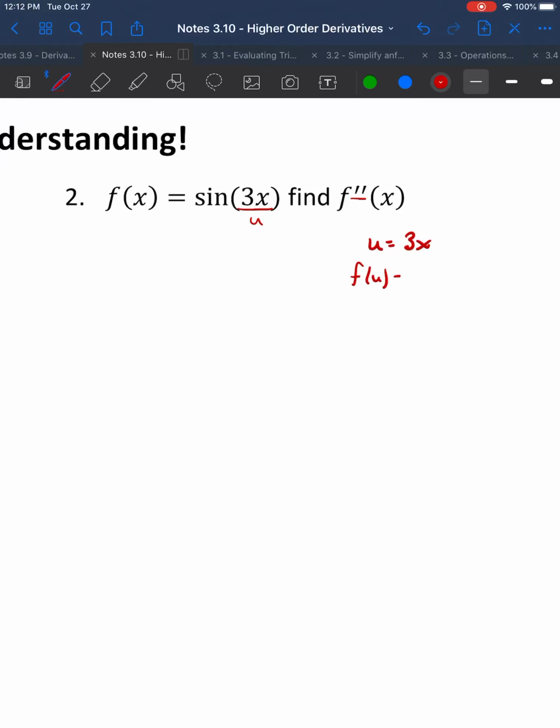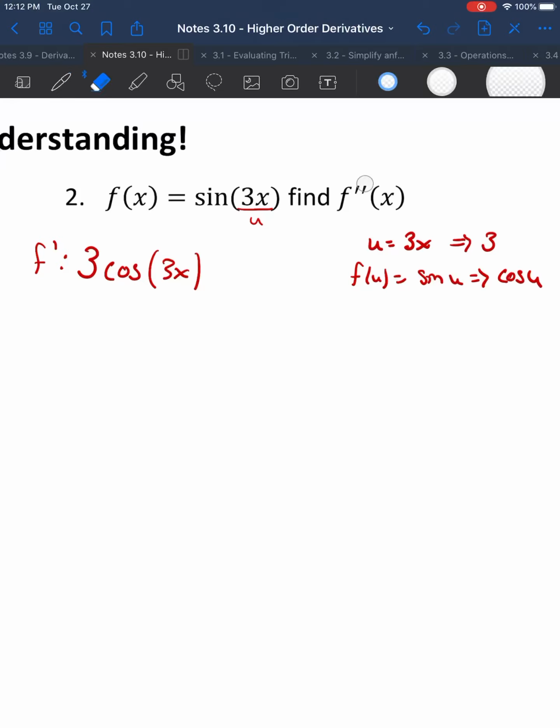And then we're going to decide what f of u is and take its derivative. We multiply those things together, so I would have 3 times cosine of what was u. There's my first derivative. I didn't ask you for the first derivative, though. I asked you for the second.